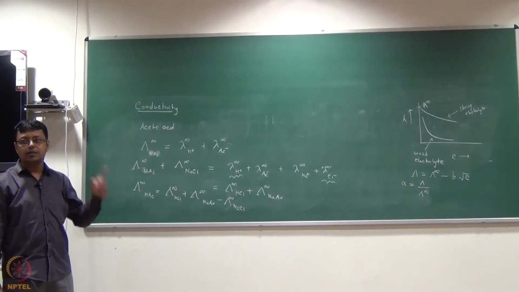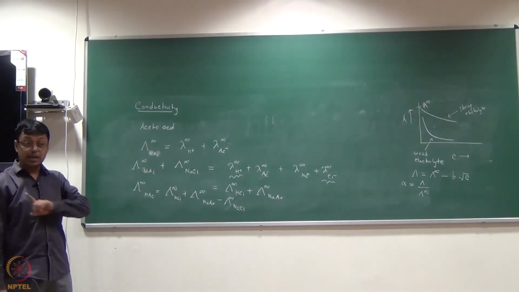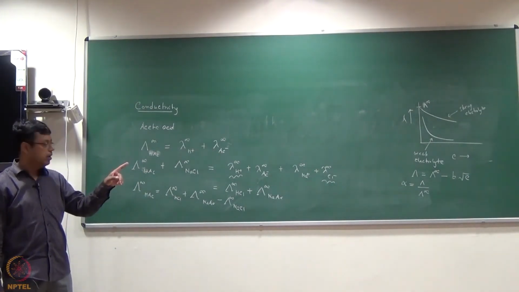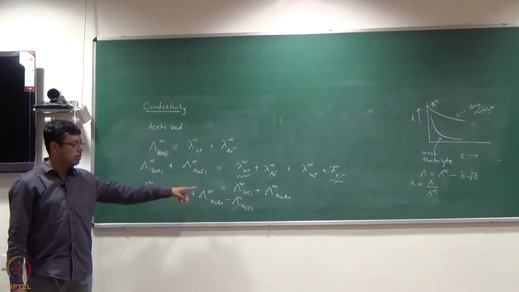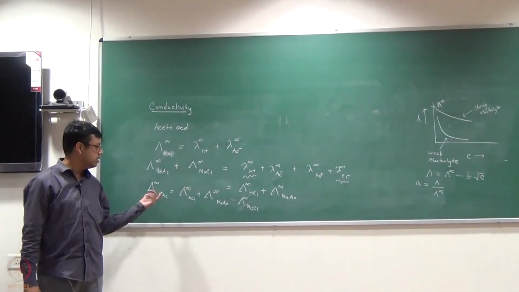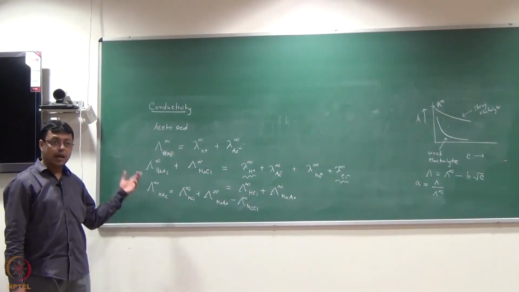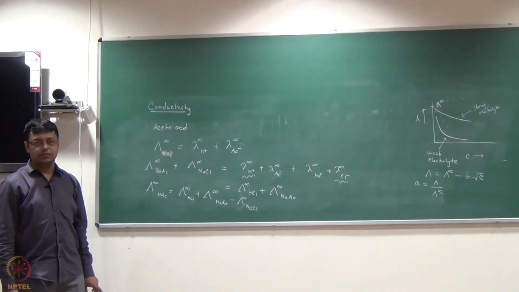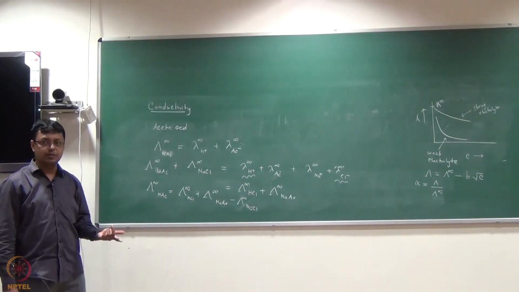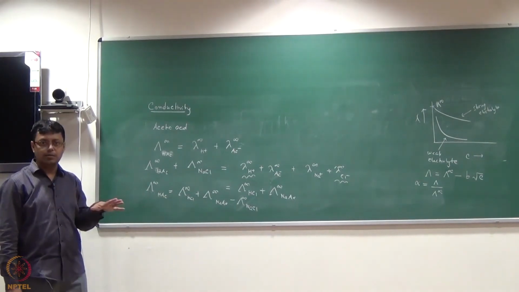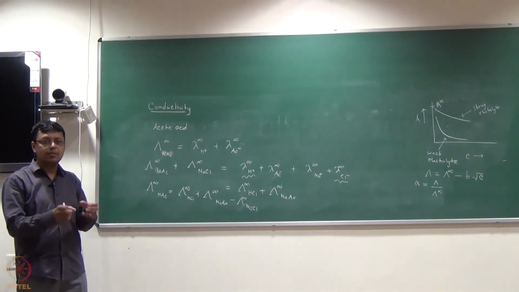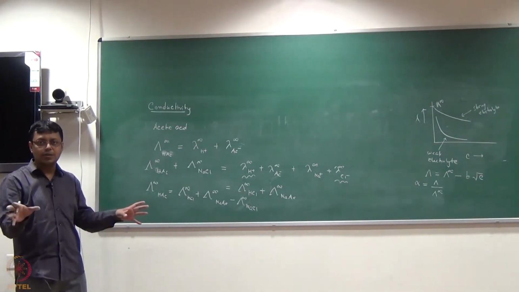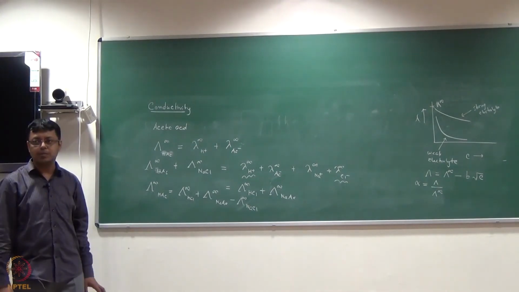I'll just measure three strong electrolytes, which I can easily extrapolate, and from that extrapolation I'll get all these values, and those combinations will give me this. This holds because Kohlrausch's law is additive at infinite dilution, not in general. And since this is additive, I can always break things apart and put them together separately.